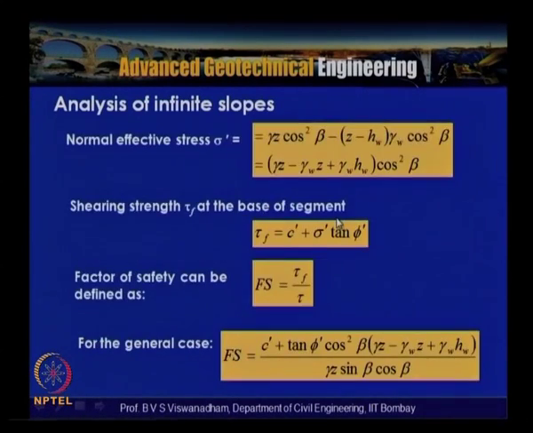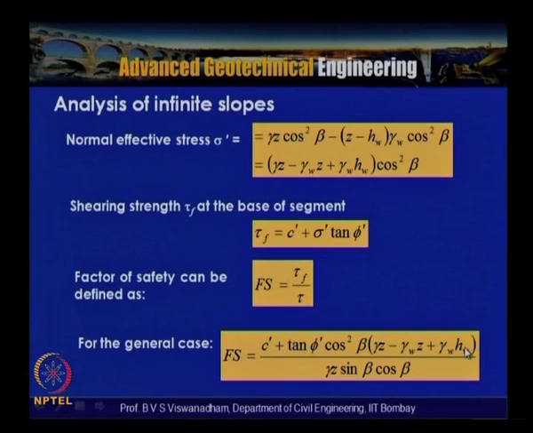For the general case, the expression reads: the factor of safety is equal to C dash plus tan phi dash cos square beta into gamma z minus gamma W z plus gamma W HW, divided by gamma z sin beta cos beta. So, this is the general expression.